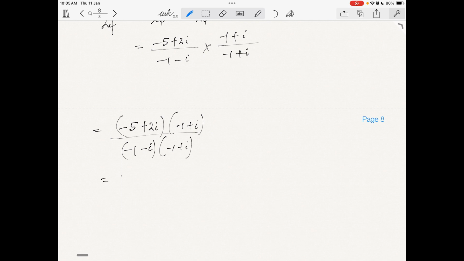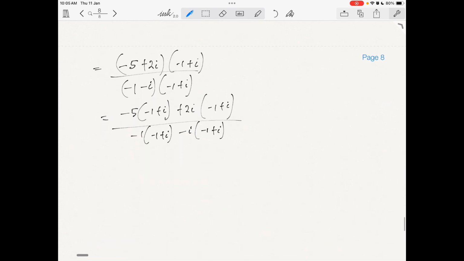Now we open the bracket: minus 5 plus 2i times minus 1 plus i, divided by minus 1 times minus 1 plus i, minus i times minus 1 plus i. Having this done, we now multiply. Minus 5 times minus 1 will give us 5.